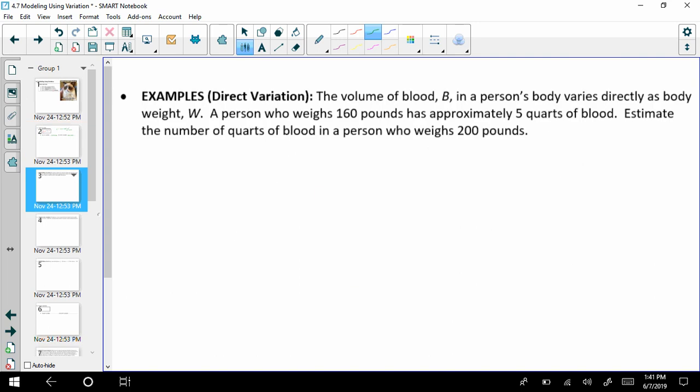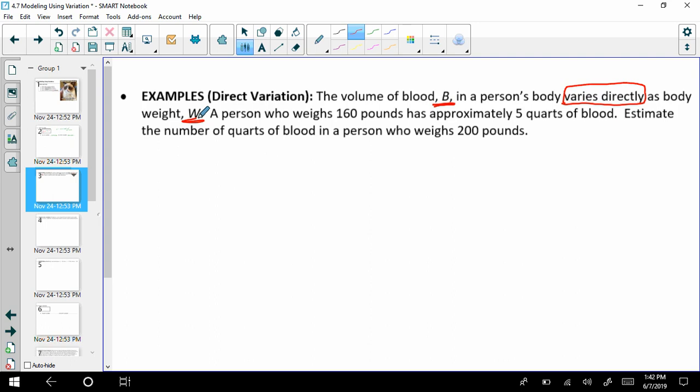So let's try an example. The volume of blood, which is going to be B, in a person's body varies directly, that's key for this problem, as the body weight W. So with that beginning information, they told me the volume varies directly with the weight.